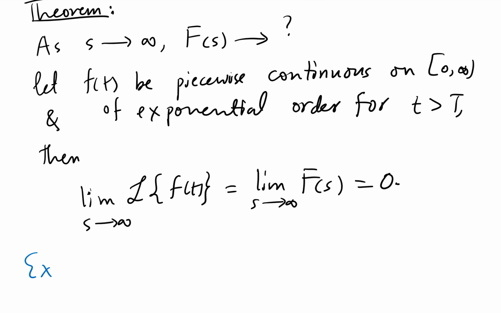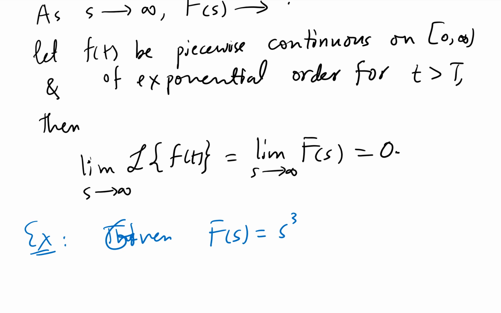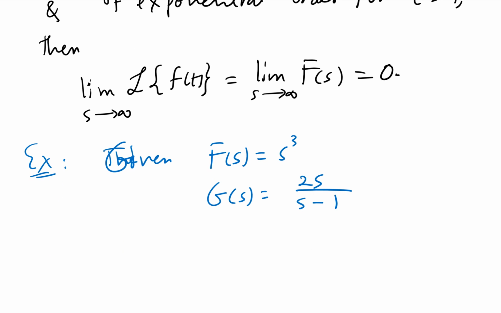If we look at some examples, let's say given the function F of s equals s cubed, we can take another function G of s, say 2s over s minus 1. What about these functions?